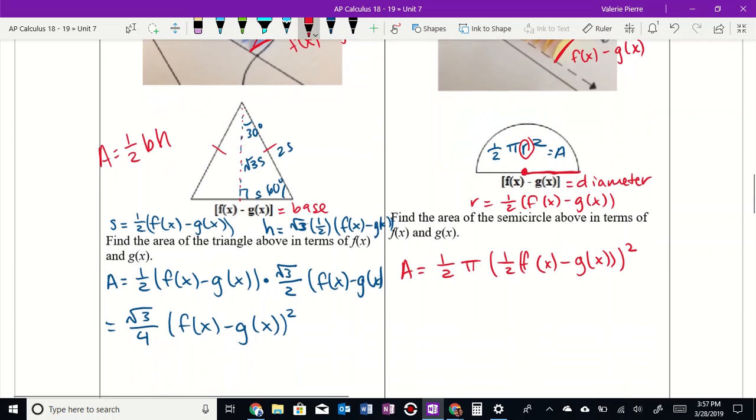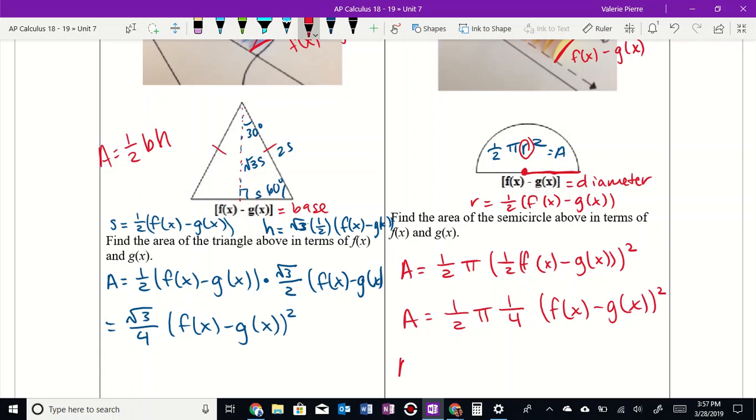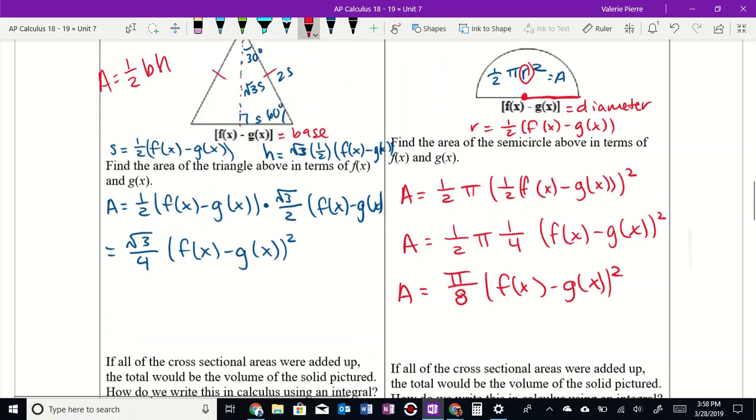And when we simplify this, we get area is equal to 1/2 pi times 1/4 f of x minus g of x squared. So our final area is pi over 8 f of x minus g of x squared.